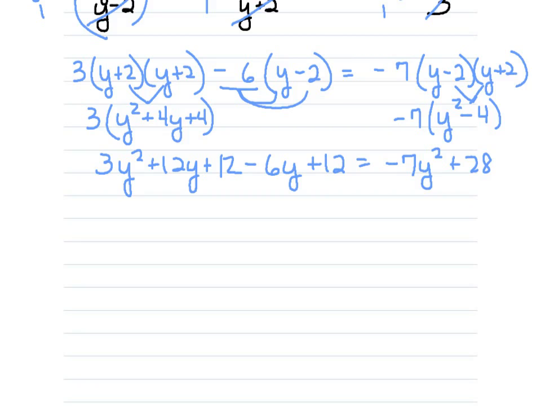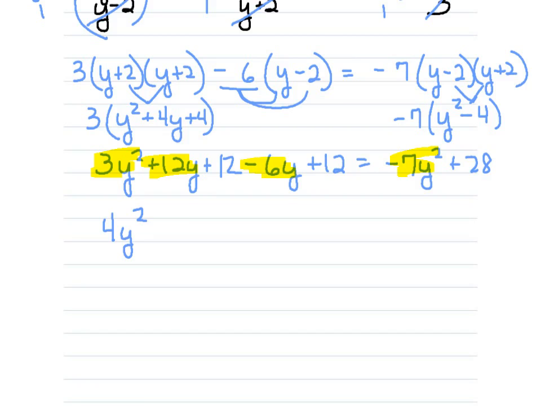And we'll kind of do it all in one step. So the first thing I want to do is add 7y squared to 3y squared, combine those two terms. And I have 4y squared. Okay. Next, I'm going to combine the positive 12y and the negative 6y.